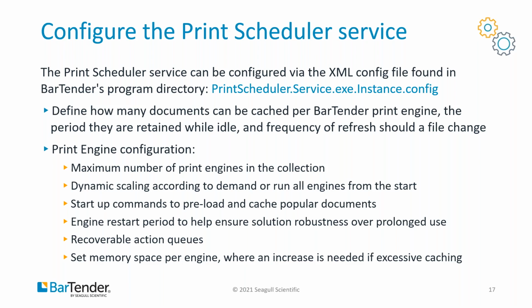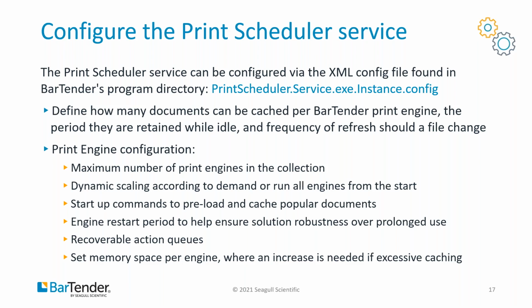Perhaps the more important configuration has to do with the individual print engines themselves. So for example, you can set a maximum number of print engines in the collection of print engines that are controlled by the Print Scheduler service. If you wish, you can have that as a set number of print engines that run from the beginning, or you can enable dynamic scaling, which is the default setting.